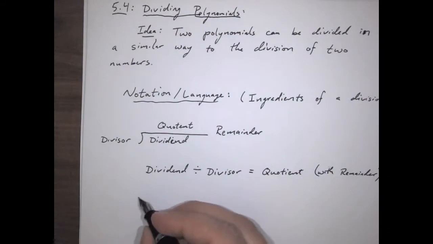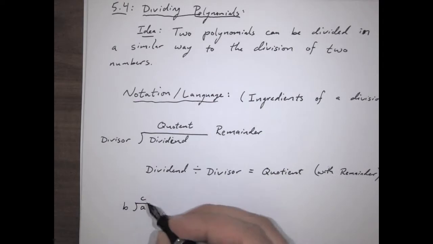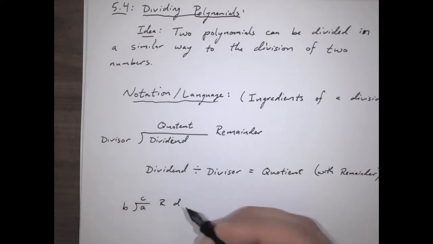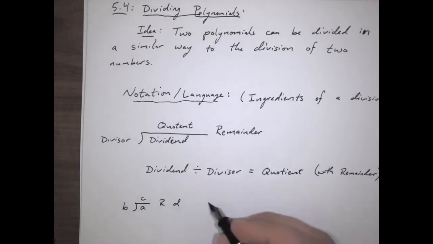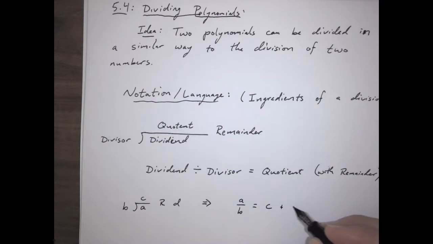Now specifically, if we have something like A divided by B equals C remainder D, then what this means is that if we did A divided by B, the result would be C plus some little remainder, which is also divided by B. Or if we were to multiply everything by B, that would mean that A is equal to BC plus D.